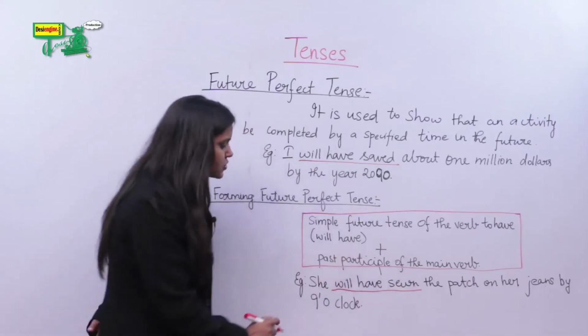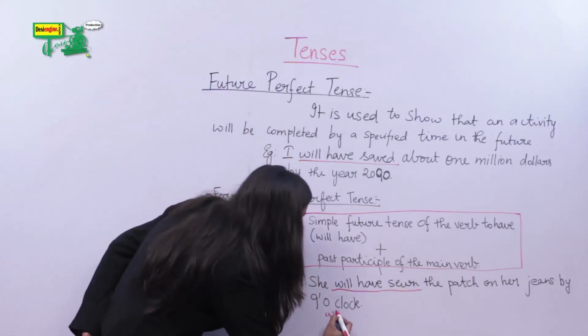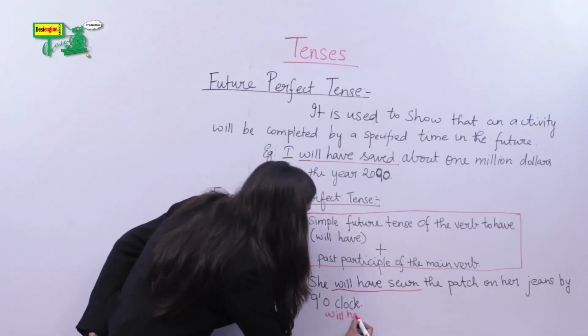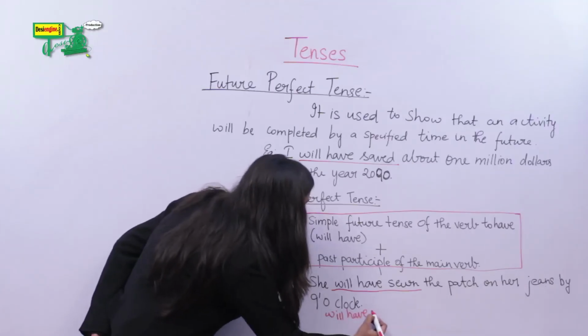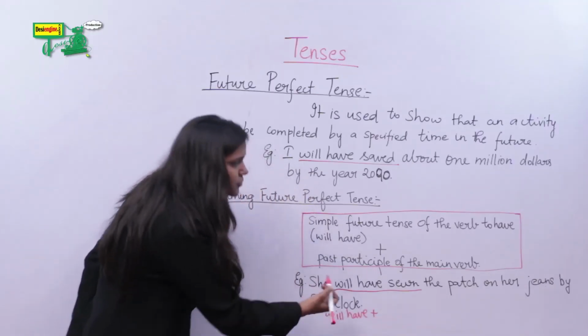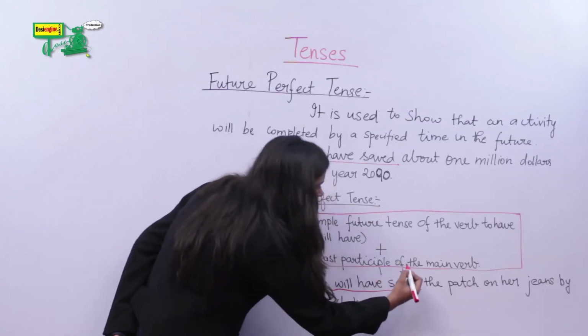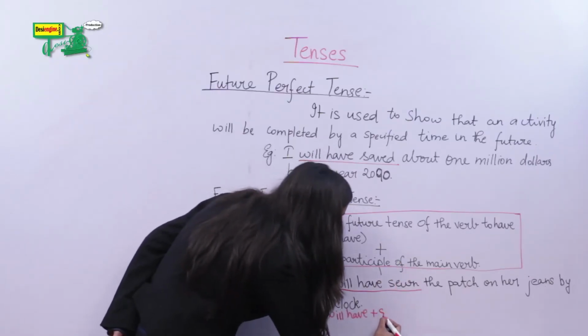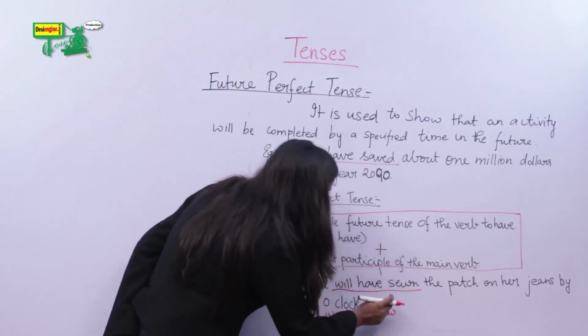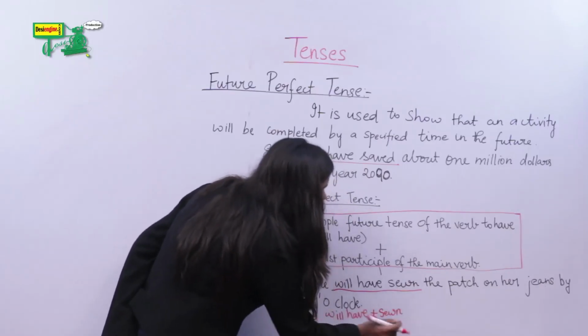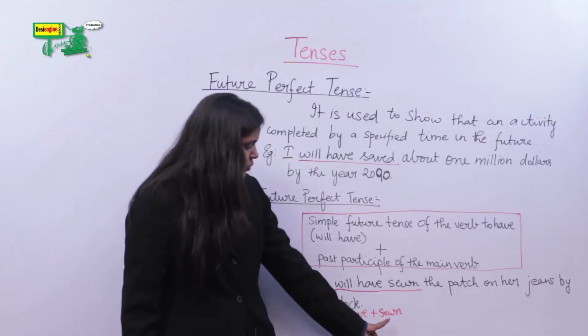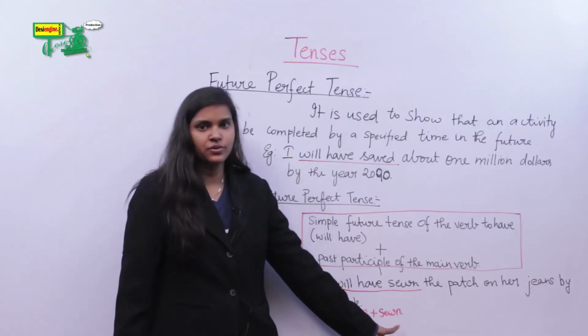Will have sewn. Will have is the simple future tense of the verb to have plus past participle of the main verb. That is, past participle of the main verb is sewn.